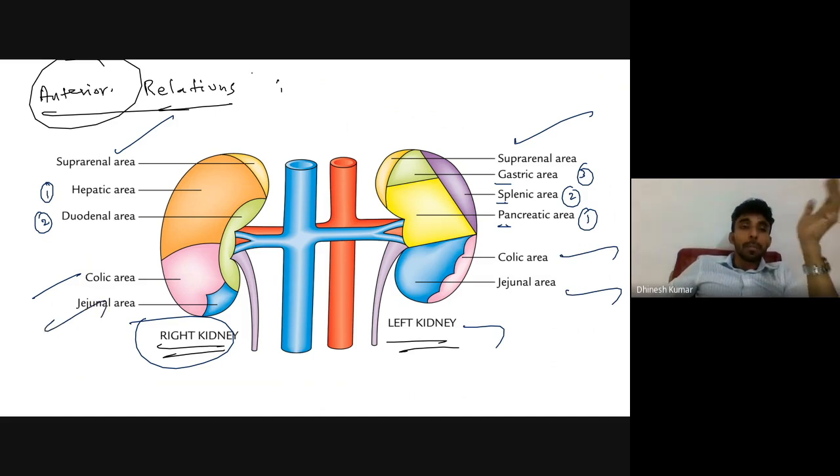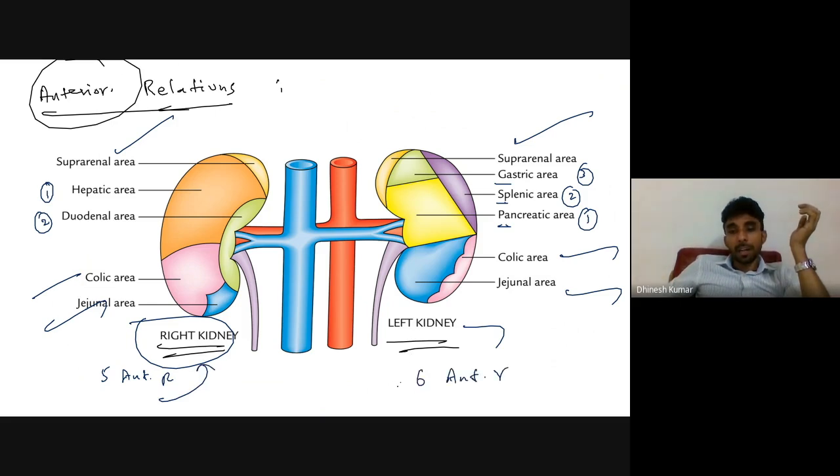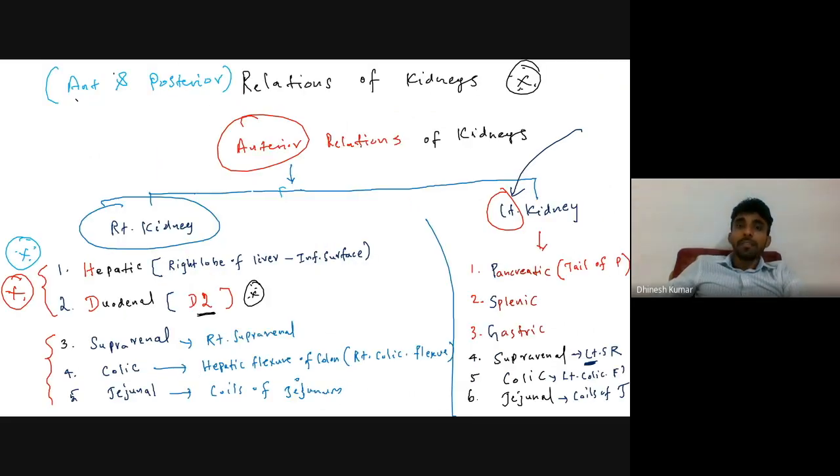Okay, so remember the 5 anterior relations for right kidney and the 6 anterior relations for left kidney. Fine. This is what I have mentioned, the anterior relations of right and left kidneys. Now moving to the posterior relations of the kidney.